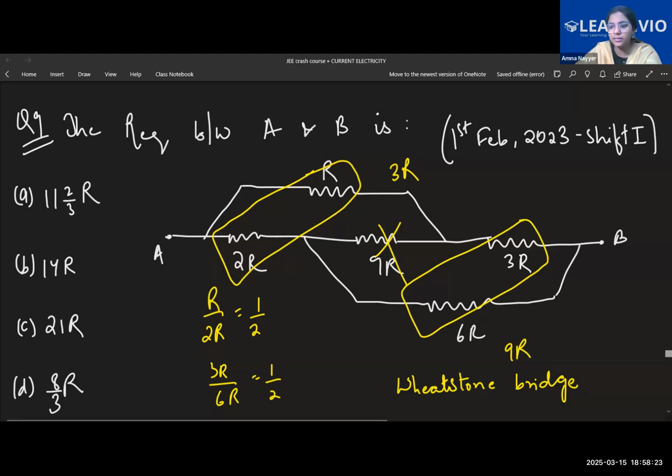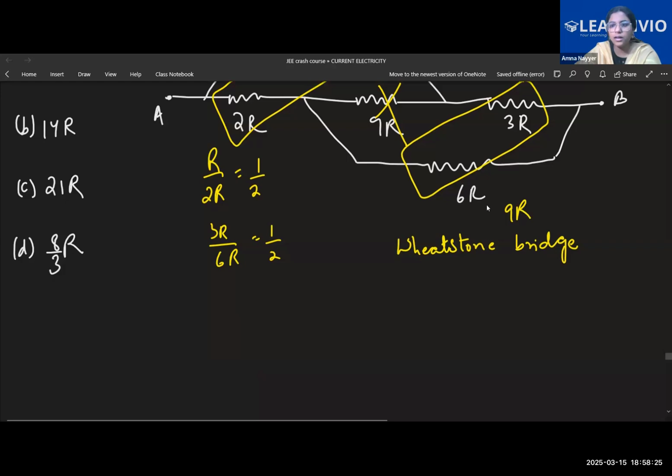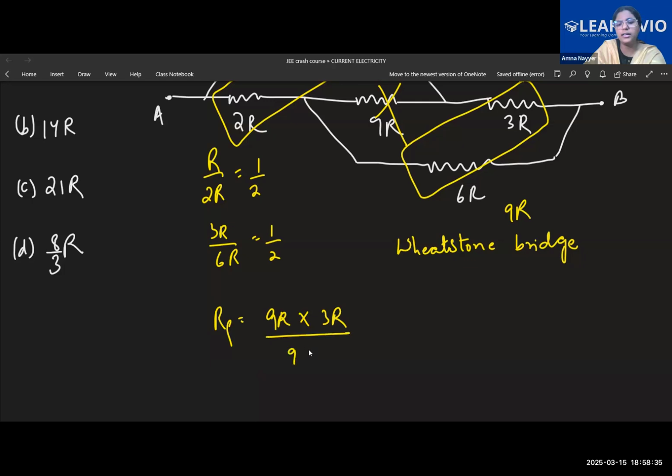Don't leave the answers at this step. So you have 9R and 3R, right? So get the equivalent resistance: 9R into 3R divided by 9R plus 3R. So from here, 1R will be left. And this is 27R square by 12R, right? So you'll get the result.